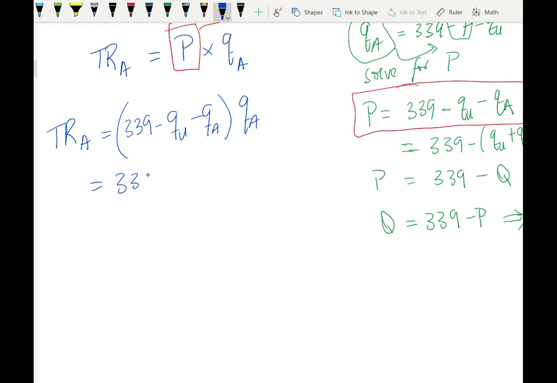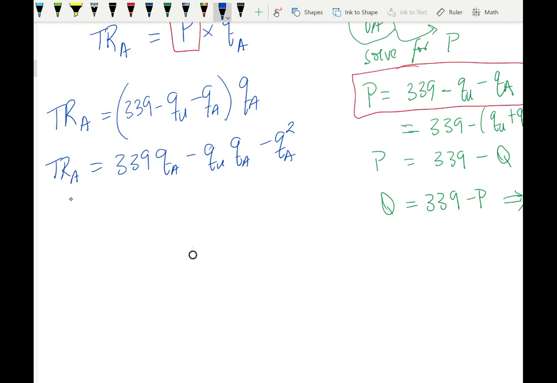We have 339 times QA minus QU QA minus QA squared. Now, all we've done here is write out the total revenue for American Airlines. Notice that it is still a function of United Airlines' quantity. So this really just highlights the fact that in oligopoly, and especially in duopoly, the decision of one firm is highly dependent on the decision of the other.